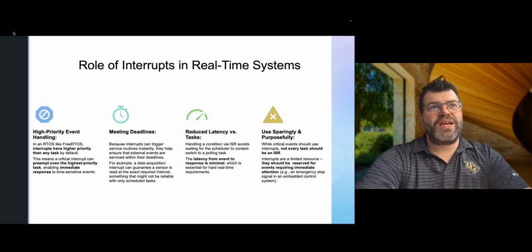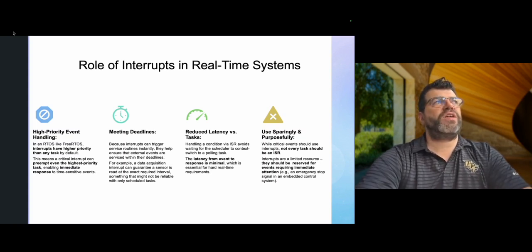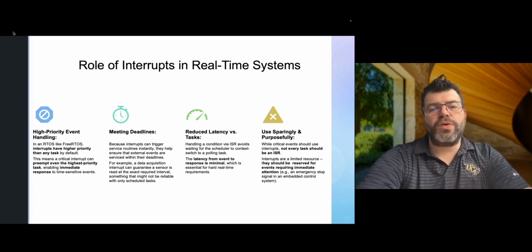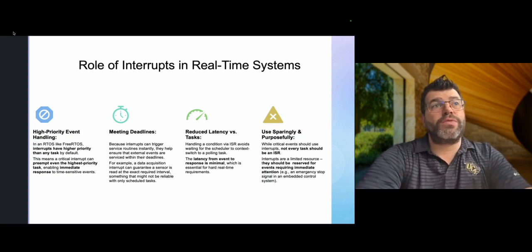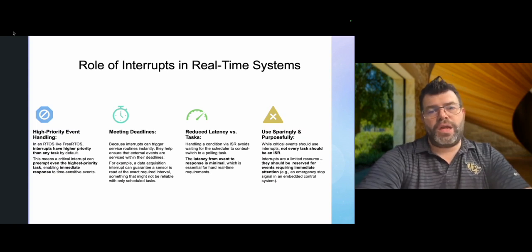So the amount of time between when the event happens and action being taken is incredibly small, right? So if there is a task that requires extremely low latency, where you have to guarantee that the response will happen in an incredibly short amount of time, an interrupt is the way to go. All right.